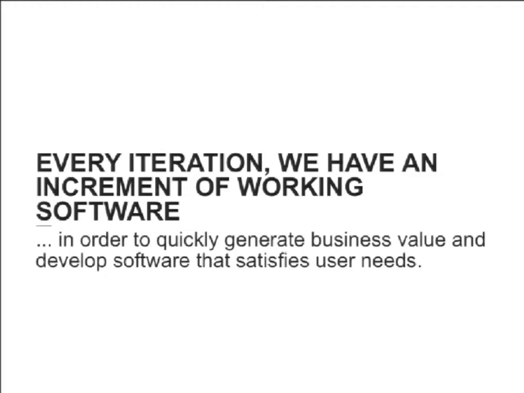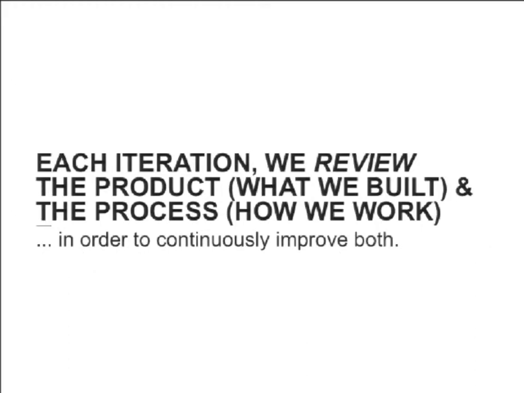This thing is actually also known as permanent beta in the web world. I mean, we've got Google in the room, so yeah, for me, that's like the epitome of this approach. Also, each iteration, we review the product of what we've built and the process of how we actually work. And the goal is to understand and continuously improve both.